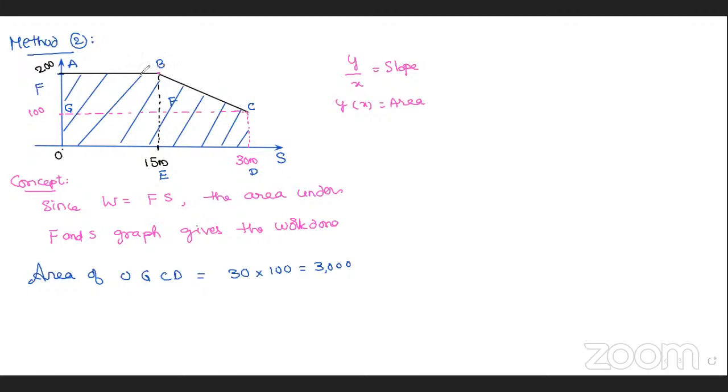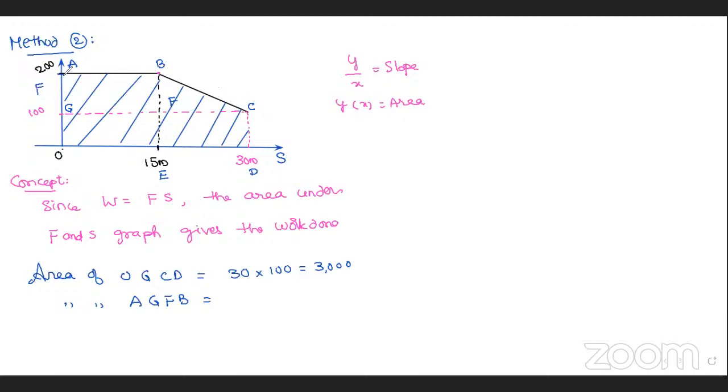Next, you can take it like a trapezium, or else as parts of a triangle and a rectangle. That is your wish. Suppose I take the area of AGFB. This is also a rectangle. Even by that method we can do it.